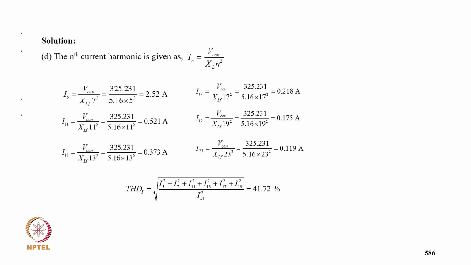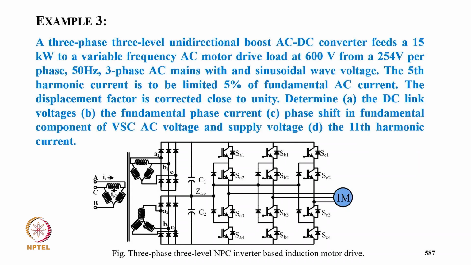And the nth harmonic current is IN equals V converter upon XL N square. So I5 is 2.1, I11 is 0.51, I13 is 0.7. Similarly, I17 is 0.218, I19 is 0.17, and the square root of I5 square, 7 square, 11, 13, 17, 19 square divided by IS1 square comes to 41.72%.